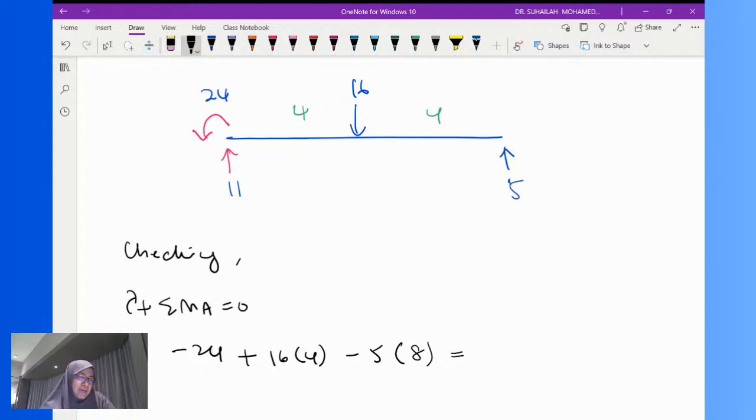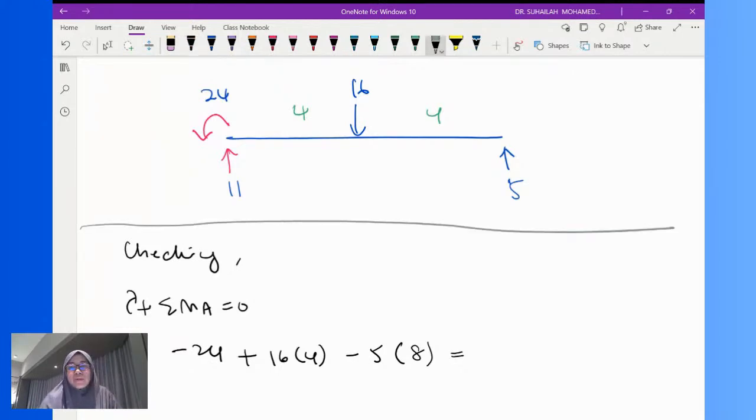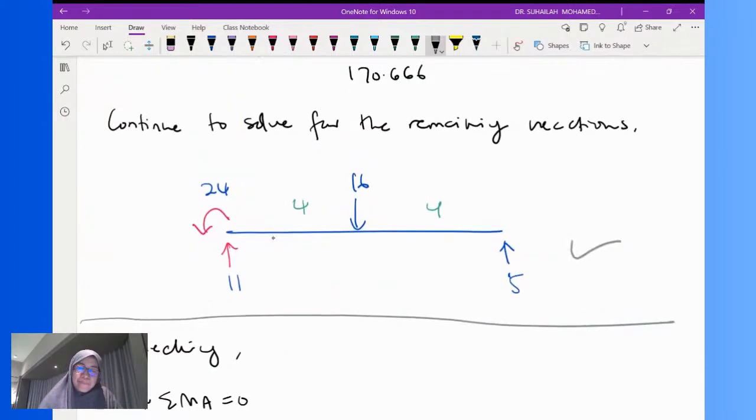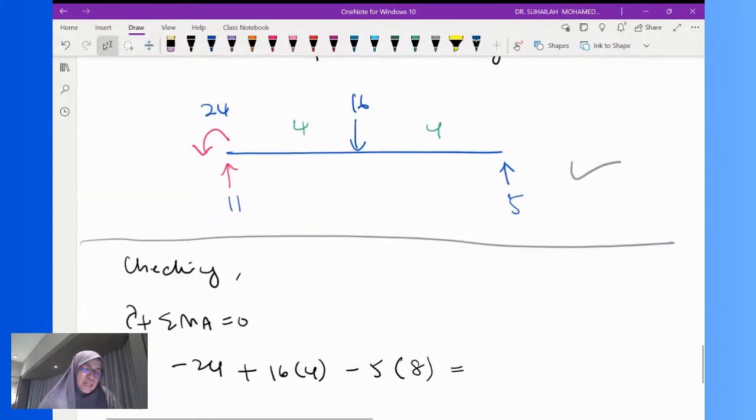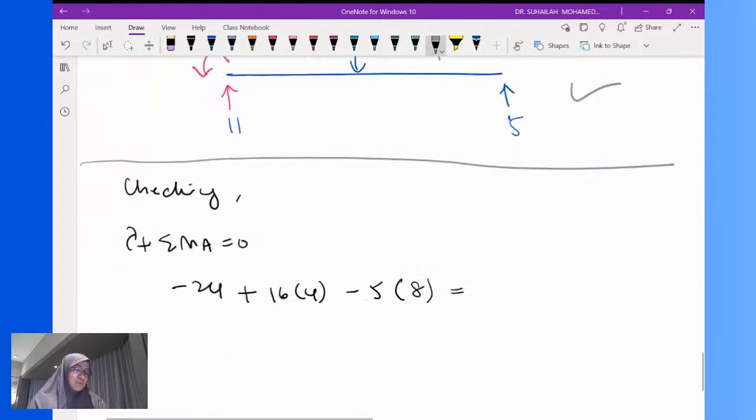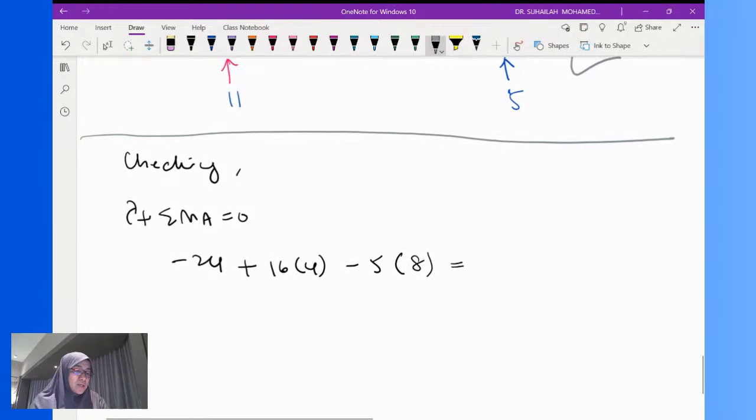This is just for checking. We have to make sure that total moment at A is equal to 0. Actually, you don't need to show this part in the solution. It is just until the previous step. This is just for checking because I put the value of MA directly just now. So it must be 0, then only it is correct.